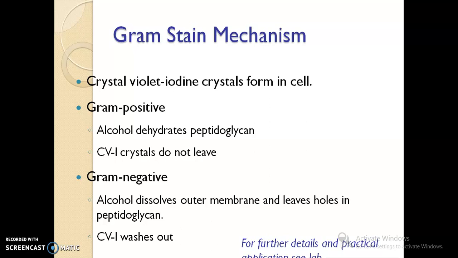In the gram-negative cell wall, alcohol dissolves the outer membrane and leaves holes in the peptidoglycan, so whatever violet color you had already applied to the bacteria gets washed off. So this is it for the outermost structure of bacteria.